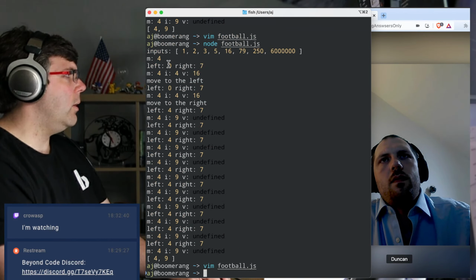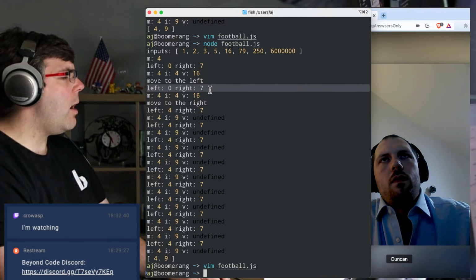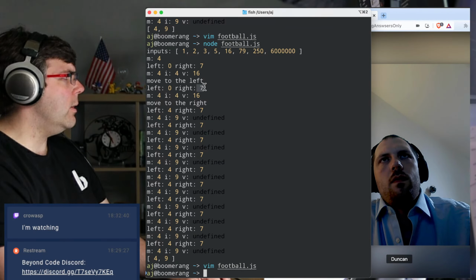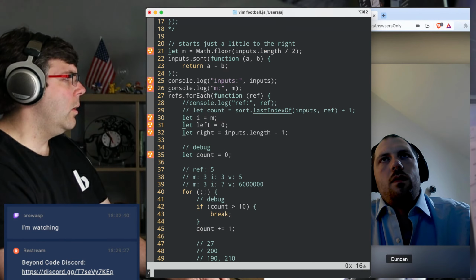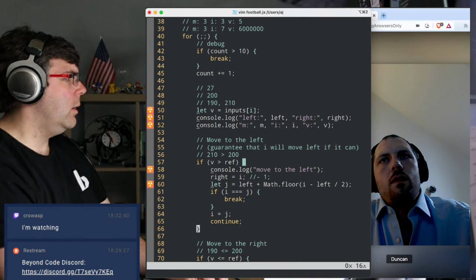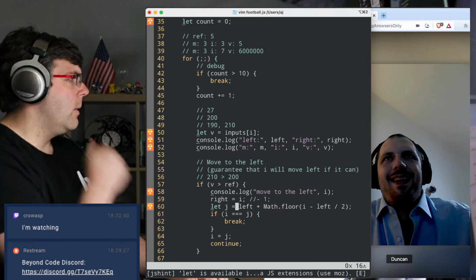Move to the left. Okay, let me look at this one more time. Move to the left is the first thing we do. How could the right value possibly not change? Because I here is 4, and then right here is 7. That doesn't seem possible. What am I doing wrong? What am I missing?